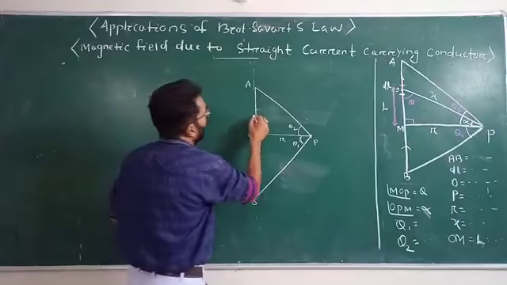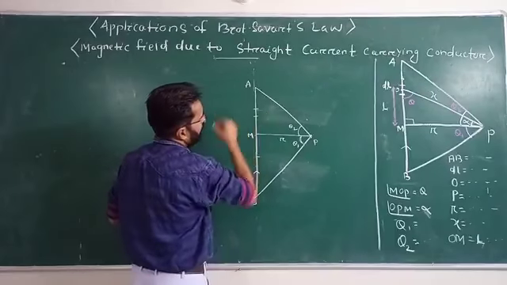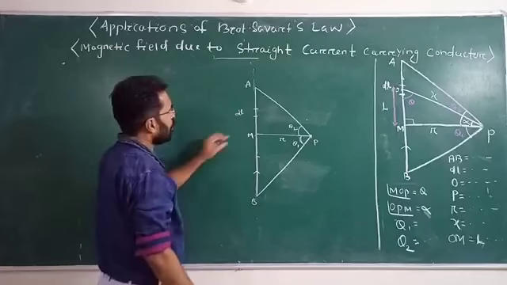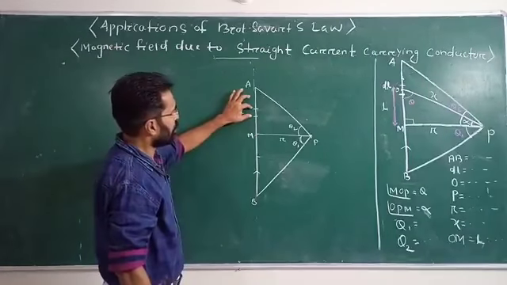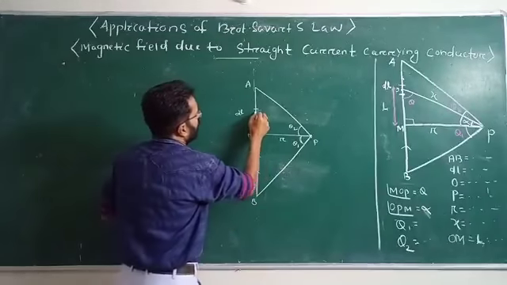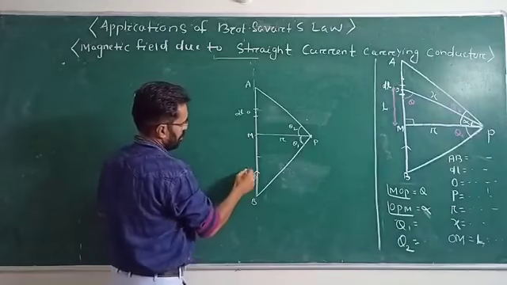You take a small section from the straight current carrying conductor. Let that small section be DL. You take this one small section. What is the midpoint of the small section?